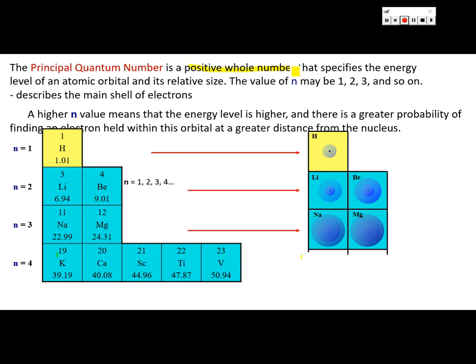So positive whole number describes the main shell of electrons, and Bohr thought the higher the n value, that means more energy, and it also means that the electrons are farther from the nucleus. And that was one of his successes. That was true, yes.